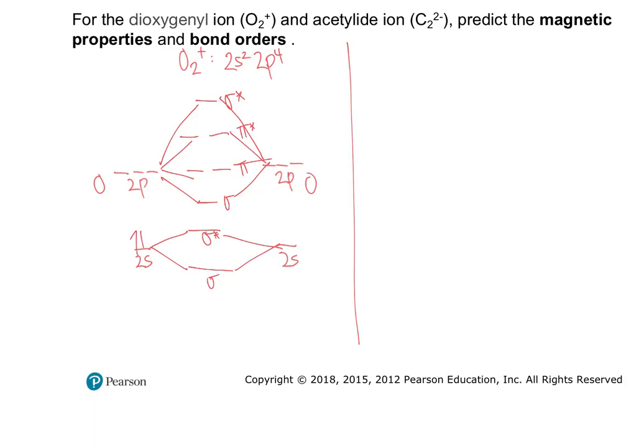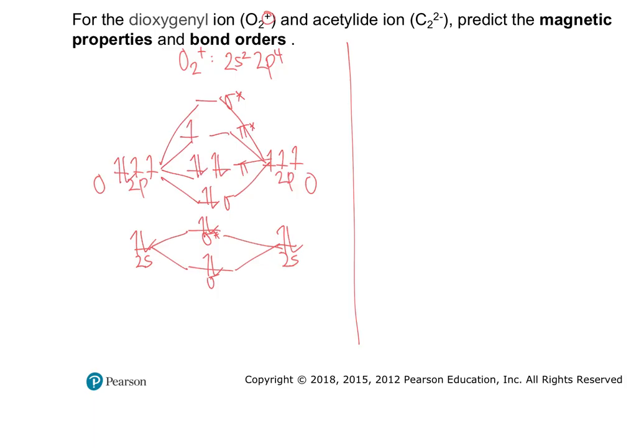So we have 2 in the 2s, and then 4 in the 2p. I'm going to do 1, 2, 3, 4 here, and I'm only going to do 3 here because it is a cation, so 1, 2, 3. We need to remove an electron somewhere. We fill 1, 2, 3, 4 from our 4 electrons down here, and then here we have a total of 7 electrons, so 1, 2, 3, 4, 5, 6, 7.